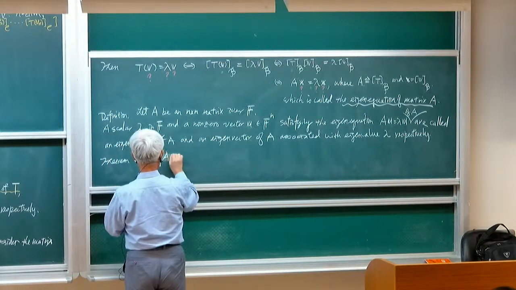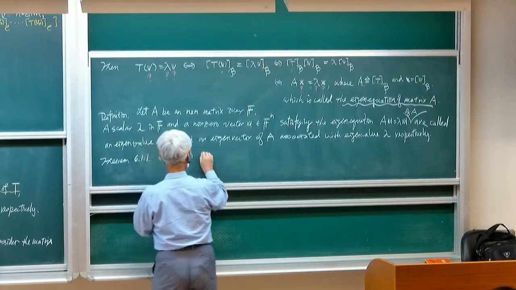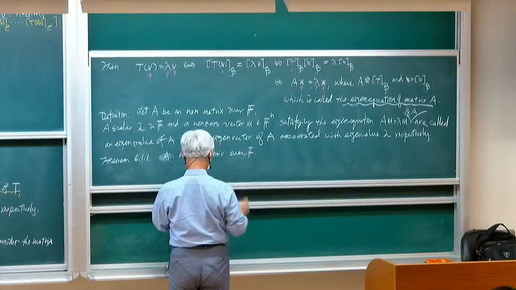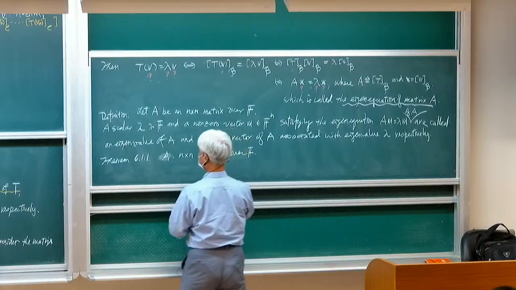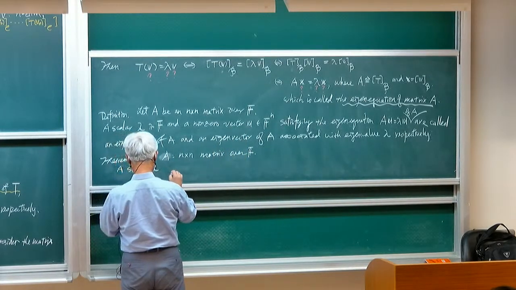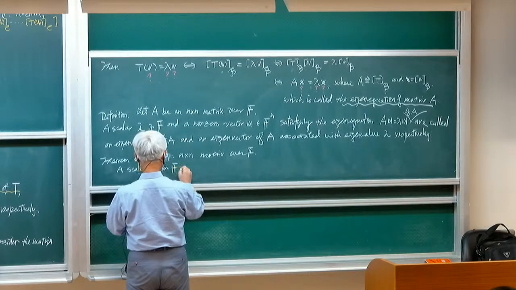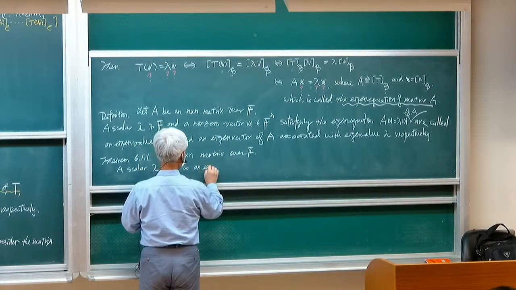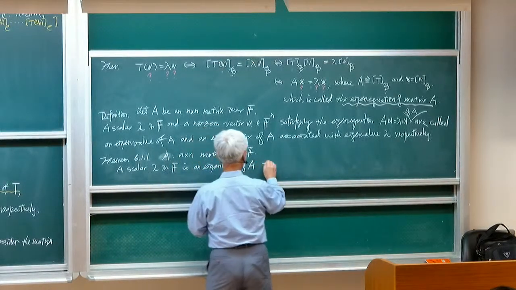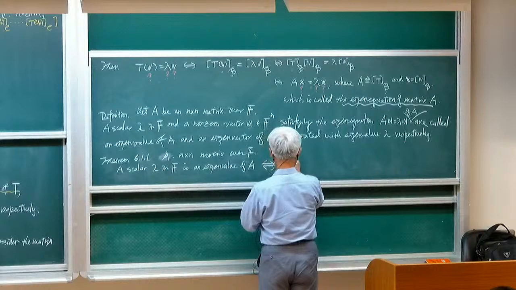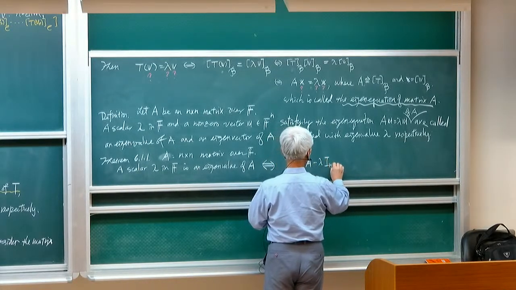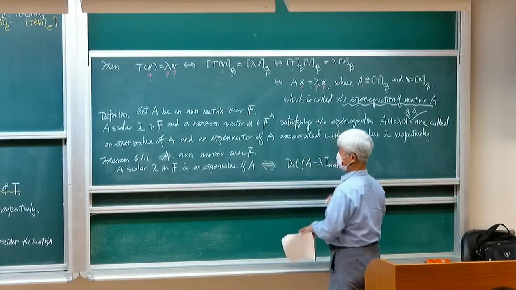Let A be an n by n matrix over F. A scalar lambda in F is an eigenvalue of A if and only if the determinant of A minus lambda I_n is equal to 0.